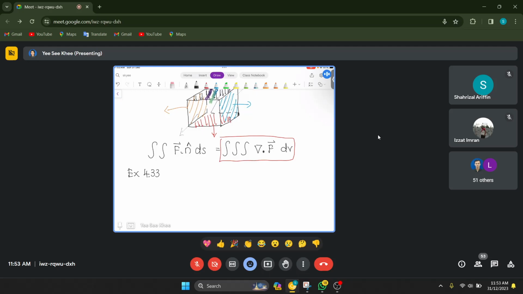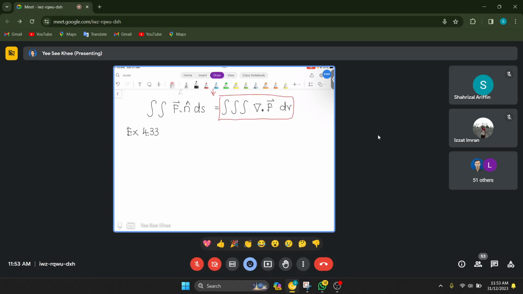Given that sigma is the surface of the cube, so many surfaces, which is bounded by these limits of the cube, 1, 1. So this is the dimension. We could say that this is the dimension of your cube, oriented outward.